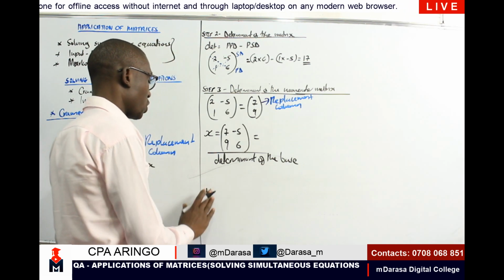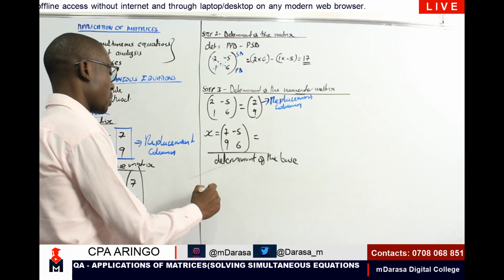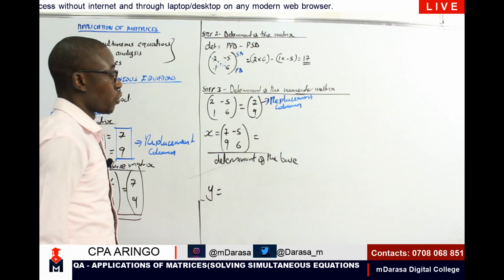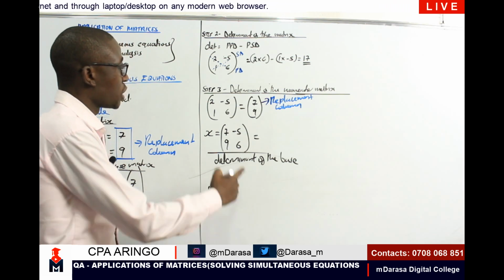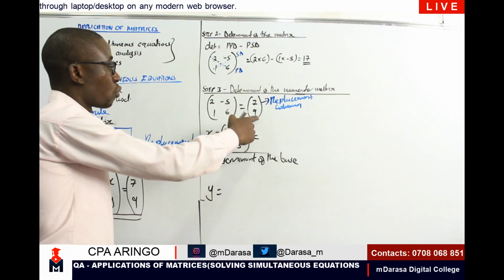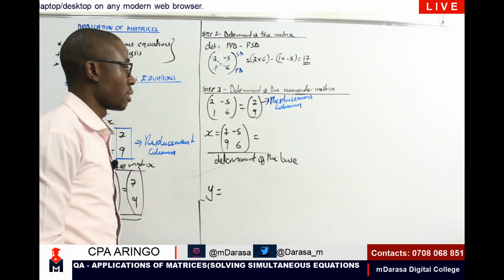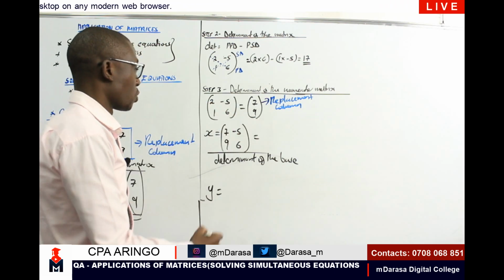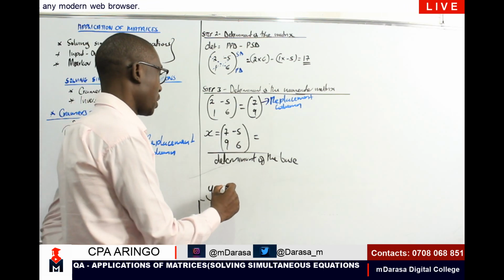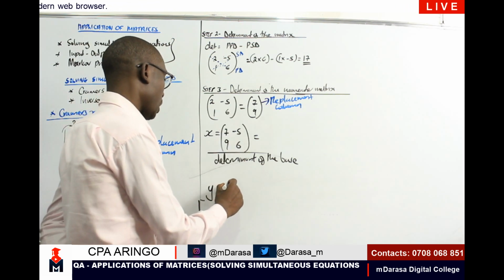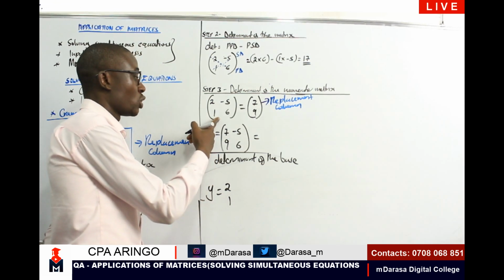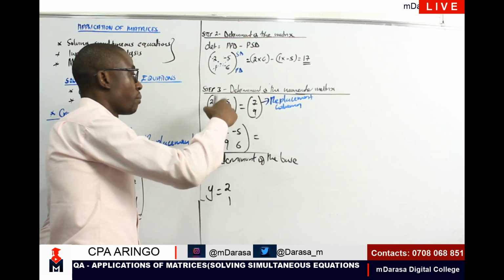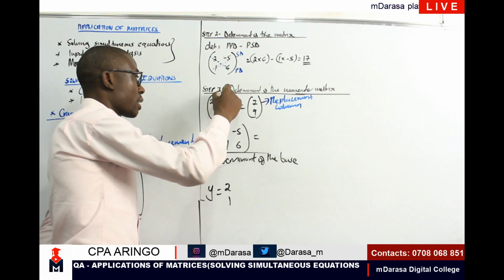What about, my good students, if you are to determine the numerator matrix for y? We are going to replace our values of y with what? Our replacement column. So if I was to replace y, in this case we should be talking of 2, 1. Remember our base matrix, or original matrix, this is x, this is y.